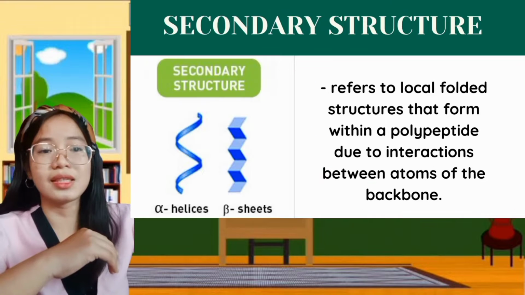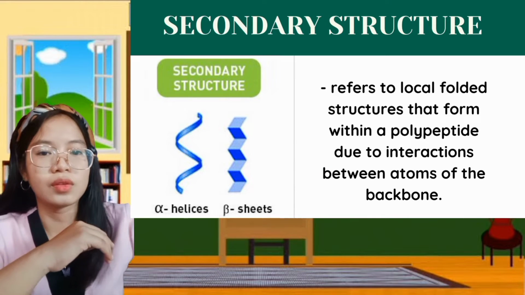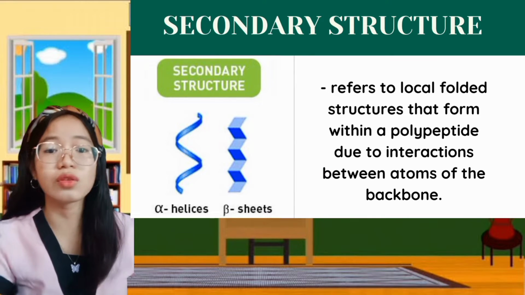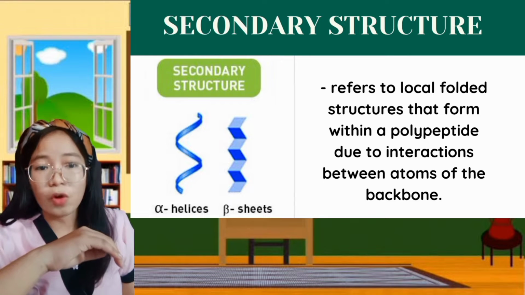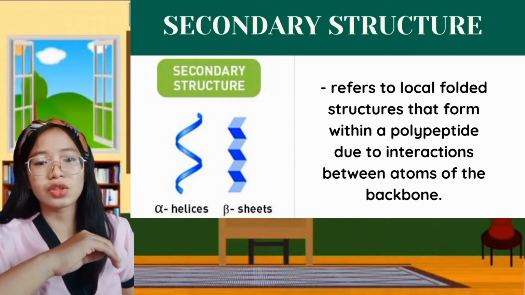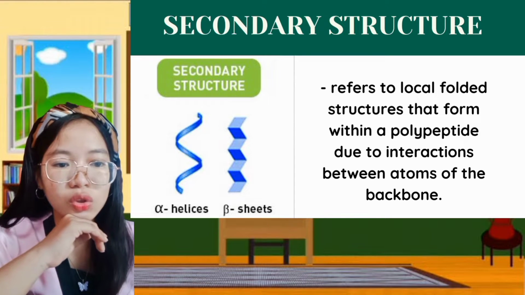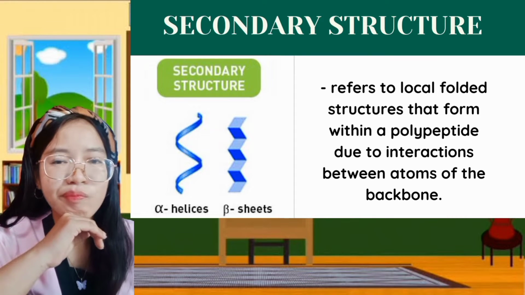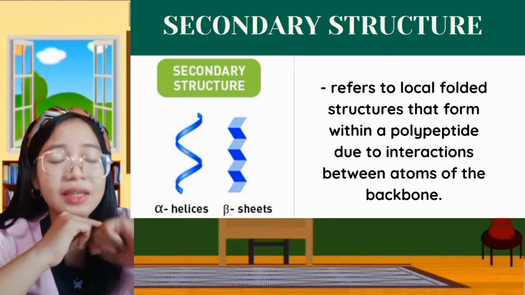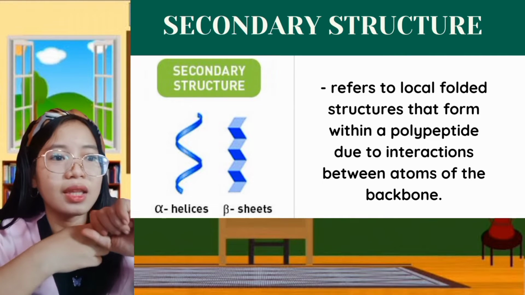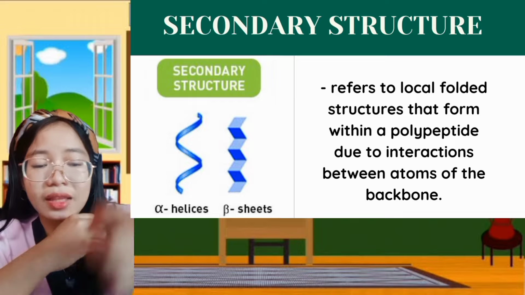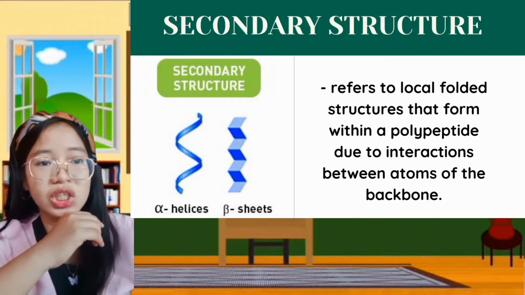Okay, next is the secondary structure. So, nakalagay dyan sa slide that it refers to the local folded structures that form within a polypeptide due to the interactions between atoms of the backbones. So, itong secondary structure na ito ay pwedeng mag-exist sa dalawang uri ng structures, which is the alpha helix and then the pleated sheet structures.